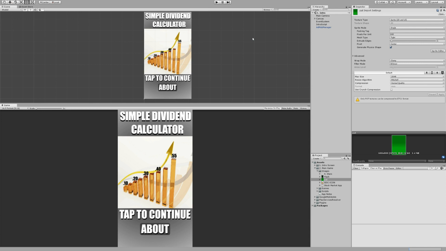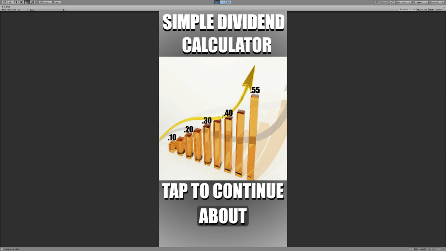So here up on the screen now is the actual update, the Simple Dividend Calculator. When you load this application on your device and log into it, you're going to see the title right up on top, the Simple Dividend Calculator. It's going to show a nice visual representation of what a dividend growth investor looks for.